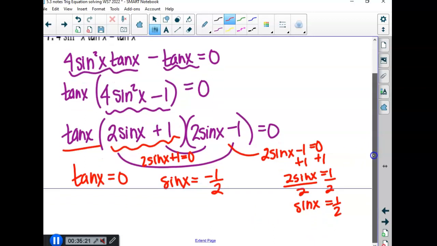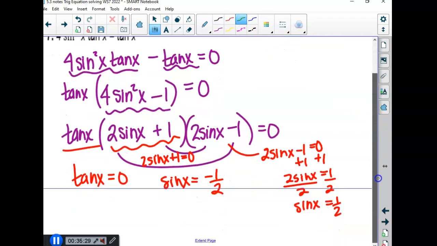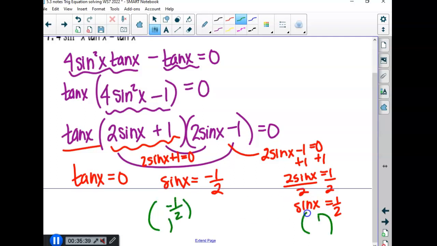Everybody okay now where I'm getting all those numbers? All right. It only says 0 to 2 pi. Oh, thank goodness. So we don't need any plus or minuses. We just need everywhere on the unit circle where the sine is negative 1/2, or the sine is positive 1/2, the y coordinate, or tangent is 0. Well, the only way to get 0 is to have y over x be 0.